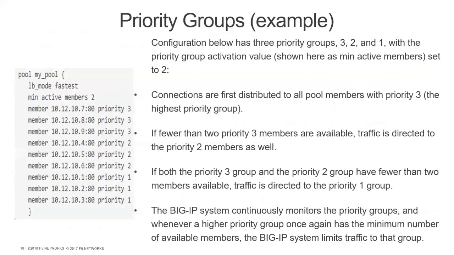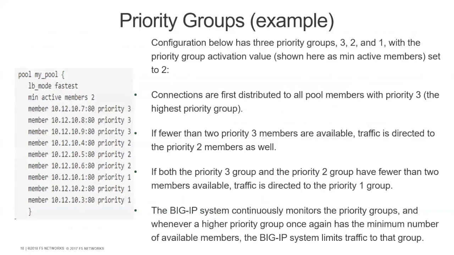But if fewer than 2 are available, for example, if health checks mark the first 2 members from priority group 3 as unavailable, so priority group 3 only has 1 available, then traffic will be directed to the priority 2 members as well. The same applies because we still have the minimum active members of 2. If priority group 2 also becomes unavailable, then we're going to send to priority group 1.